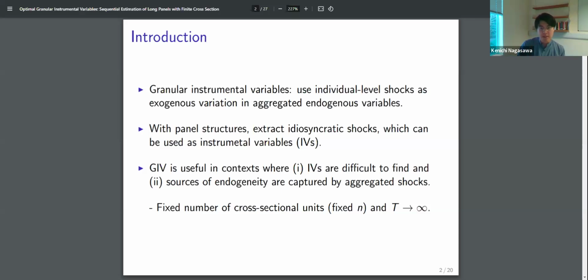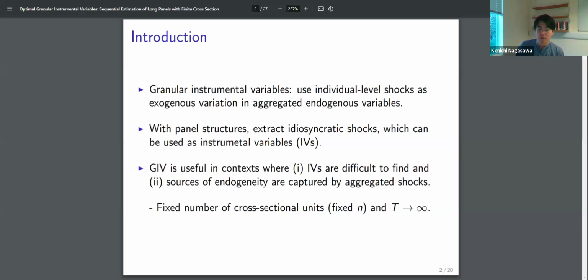These individual level shocks are not directly observed in the data. So we assume panel structures in the data, and exploiting this panel structure, we can extract idiosyncratic shocks. And these extracted idiosyncratic shocks can be used as instrumental variables to estimate structural equations or some causal effects.